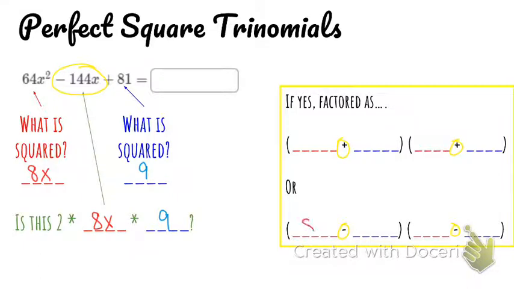So I'm going to put 8x, 8x, and then the 9 and the 9. This is very similar to the difference of squares, but we're taking into account that middle term because it didn't cancel out, because both are either plus or both are minus.